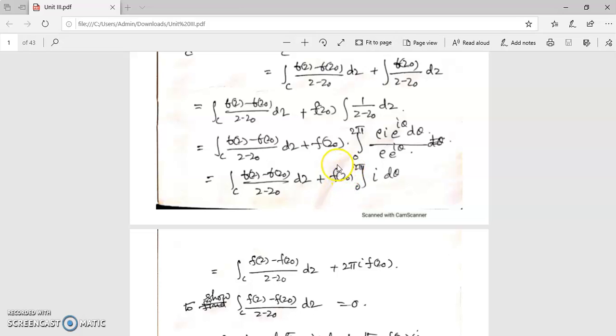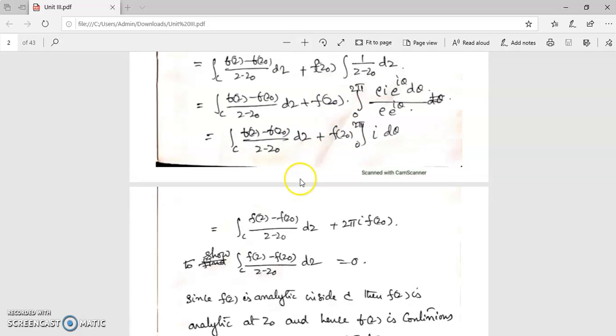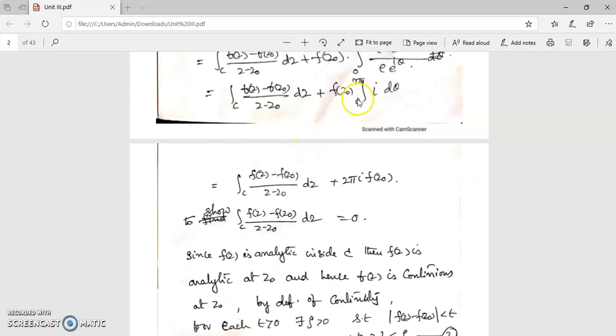Since f of z0 is a constant, we can write it outside. So this integration is i into the integration of d theta, with limits 0 to 2 pi. Applying limits, we get 2 pi i into f of z0.